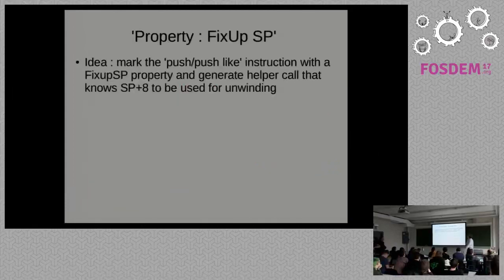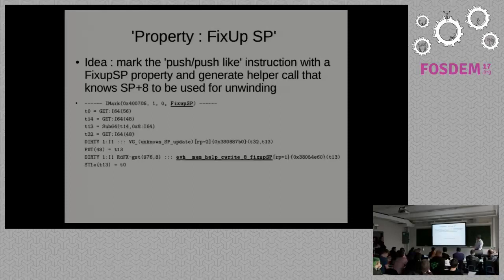So to solve this, I have added properties to instructions, which indicate to fix up the stack pointer. The idea is to mark the push-like instruction with a fix-up property, and then the generated helper calls, when it sees I'm on an instruction which has this fix-up property, will automatically fix the stack pointer so as to redo the addition, which compensates for the fact of being in the middle of the instruction.